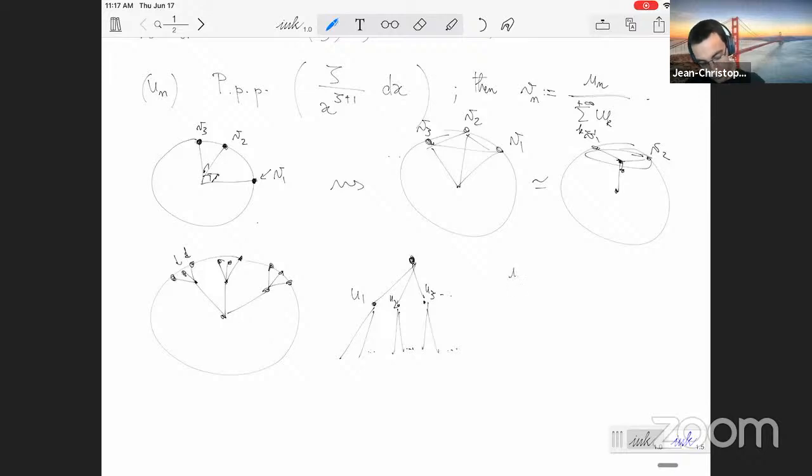Let's say there will be U1, some Poisson point process with intensity zeta1 over x to the zeta1 plus 1.